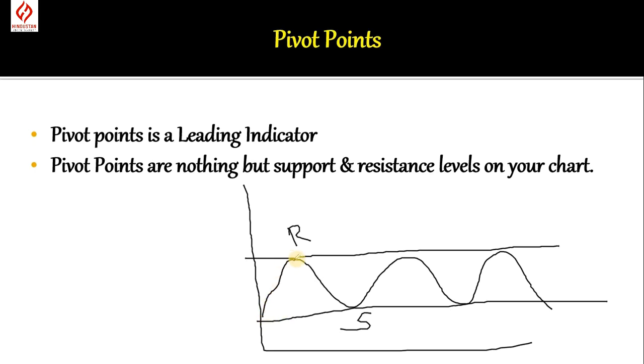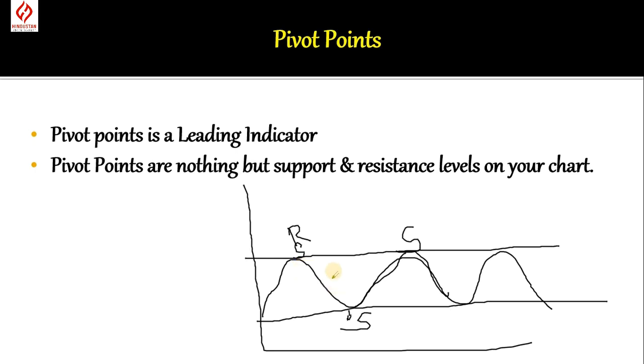When it comes near this level, here there is a resistance, right? Sellers become strong, they'll push down the market. Again, when it comes near this level, buyers become strong and they'll push the market up. It keeps going up. When it comes near this level, it has reversed because here sellers become strong. Resistance means sellers and support means buyers, right?